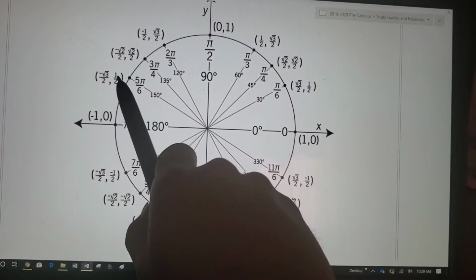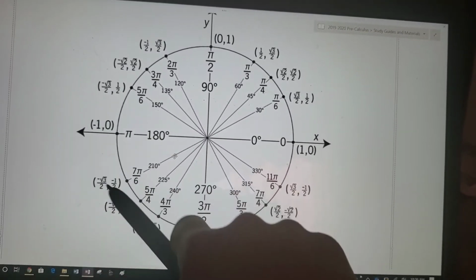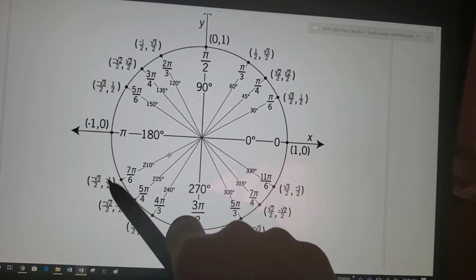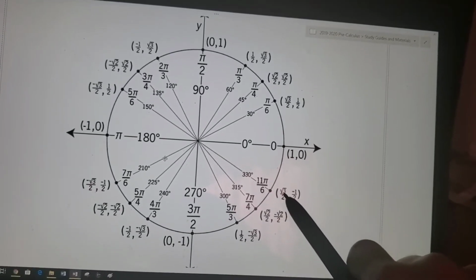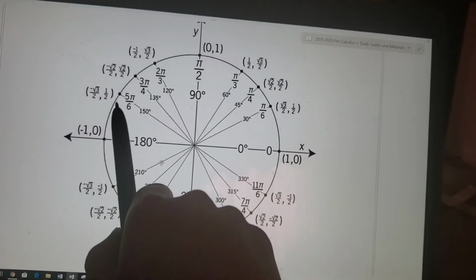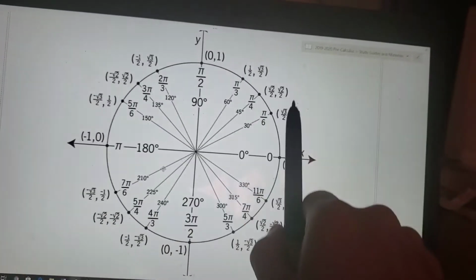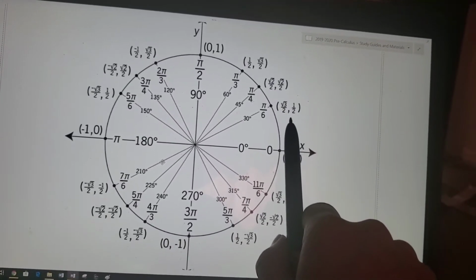There's another 1/2. So we have this is 1/2 and this is also 1/2, positive. Nice. This is 1/2, but it's negative. I don't want a negative. And this is also 1/2, but it's negative. So my only two values would be this one at pi over 6 and this one at 5 pi over 6, because these are the only two places where my y value is positive 1/2.